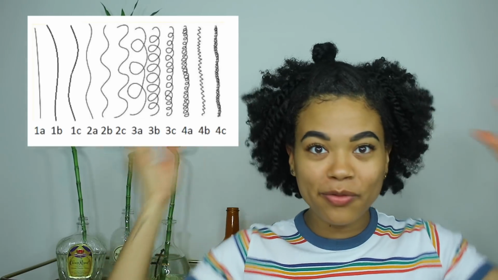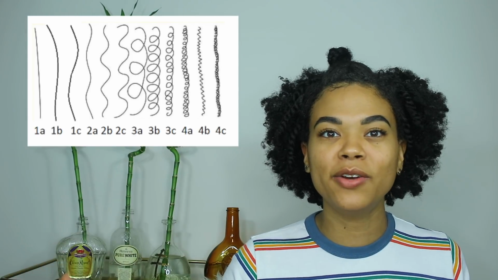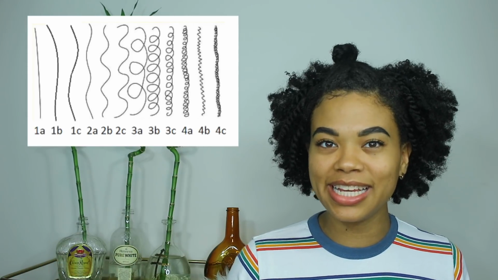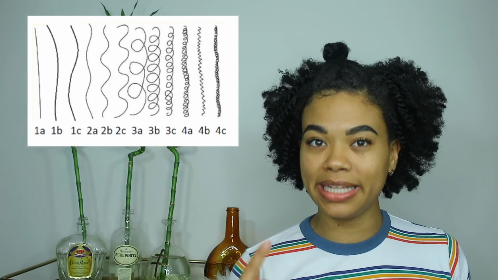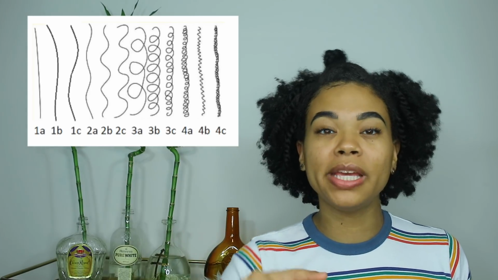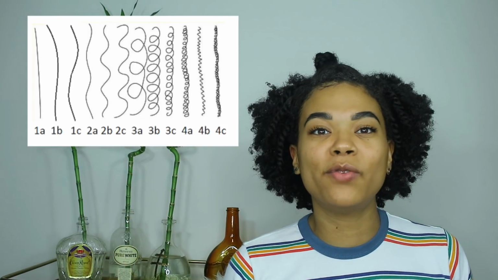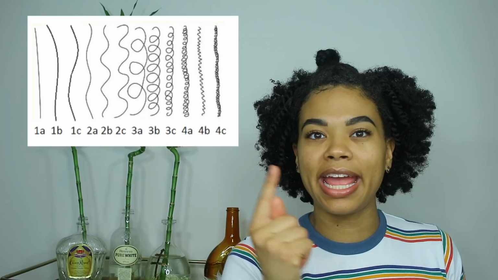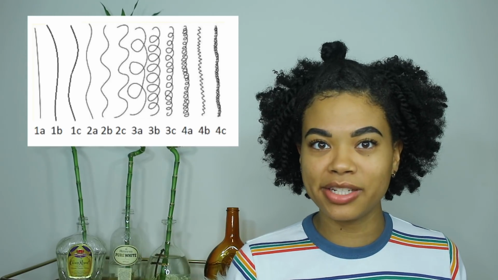Definitely I am type 4, and then they break down the type 4 into 4A, 4B, and 4C. From my understanding, 4A was kind of like a coily kinky, 4B was more like an S kinky, and then 4C was pretty much a zigzag, to where you don't really see very much texture.